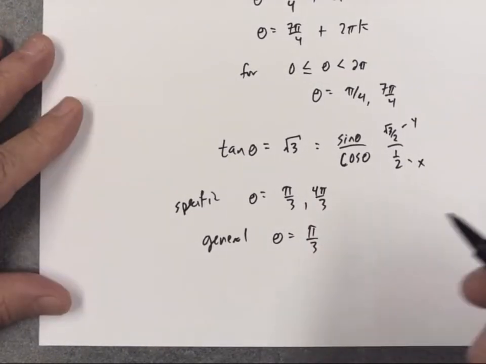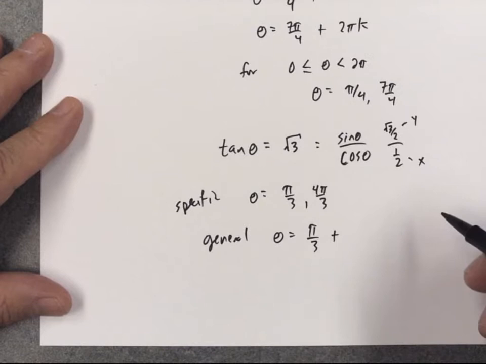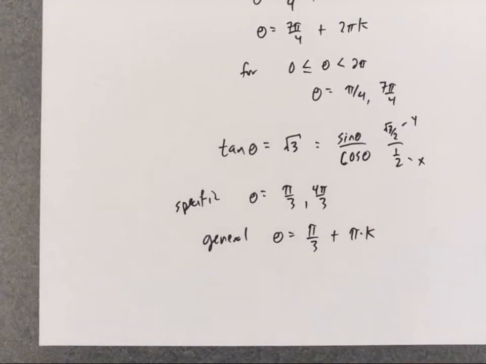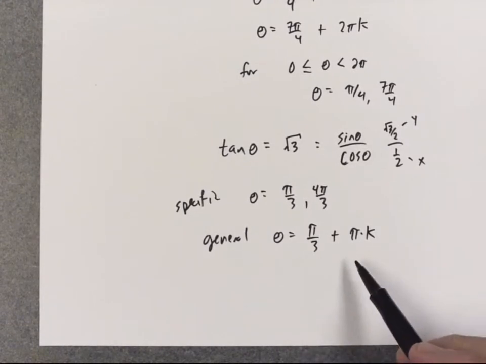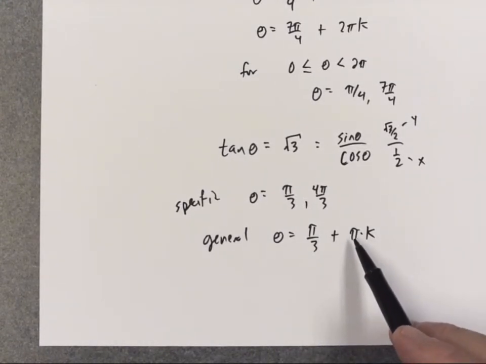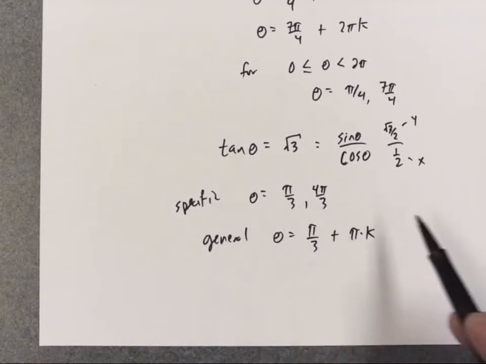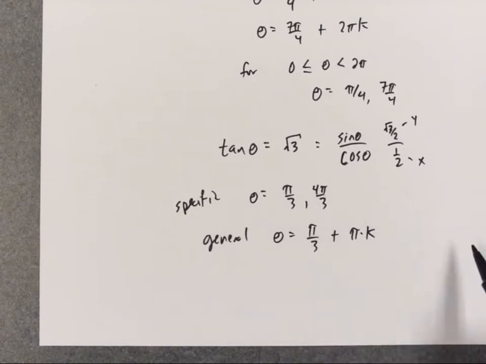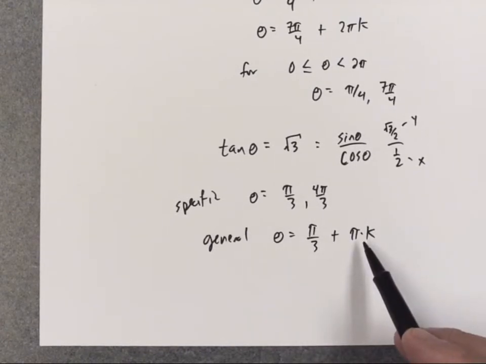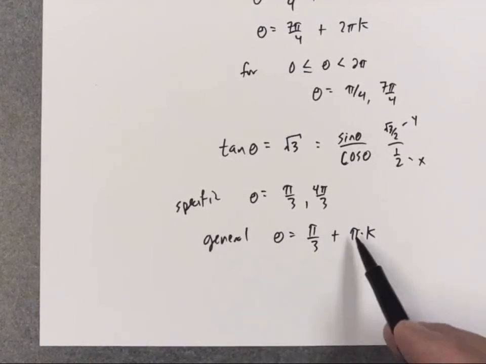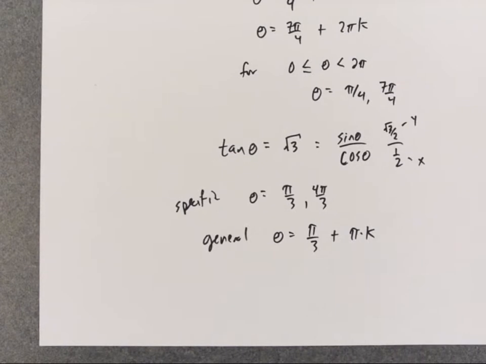You can just write the first one, and instead of adding 2 pi times k, it works out for the tangent, we could just have one solution, and we make it pi times k. So if k is 0, you get pi over 3. If k is 1, you get 4 pi over 3. If k is 2, then you get 7 pi over 3, which is another answer. So it turns out when you do tangents, you just add on pi times k. Where sine and cosine, it's 2 pi times k.